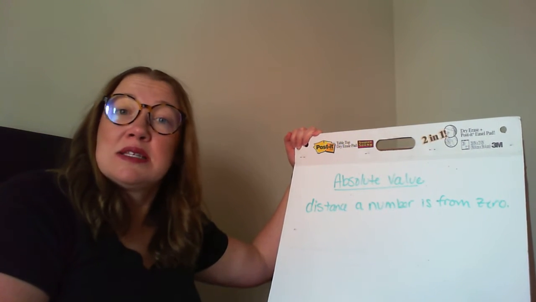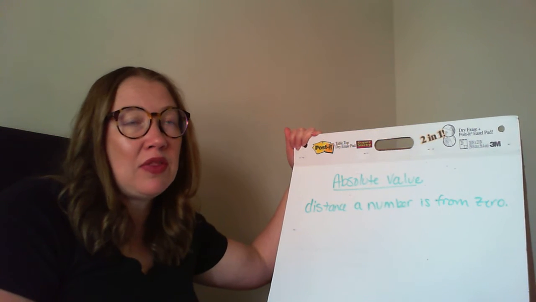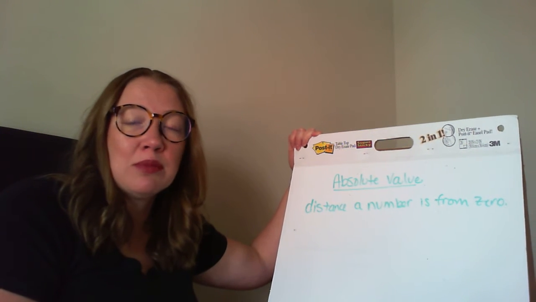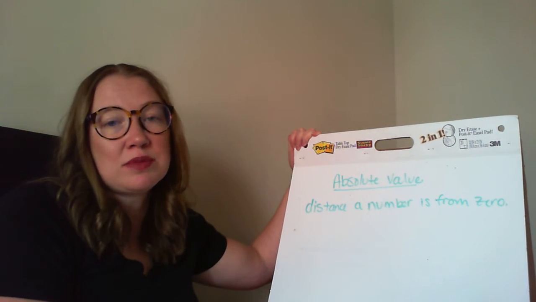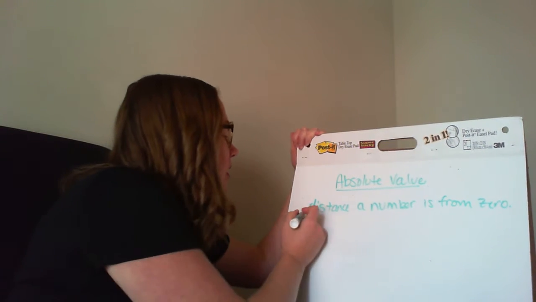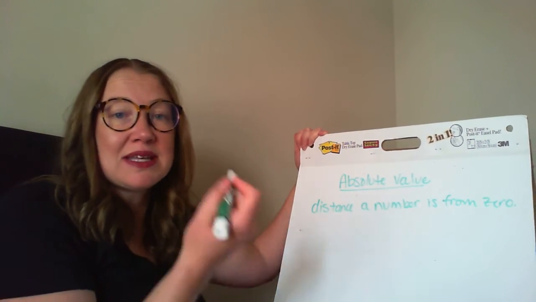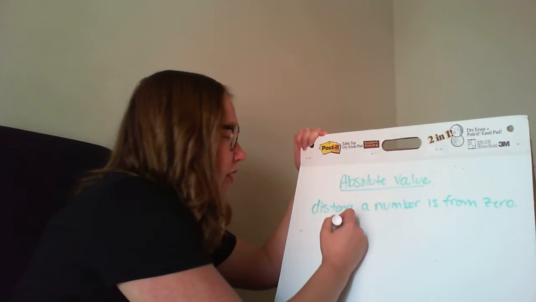It always has a positive value because distance cannot be negative. So even if I was talking about the number -2, that number is still 2 spaces away from 0, so its absolute value is 2. So negative numbers and their opposites have the same absolute value.